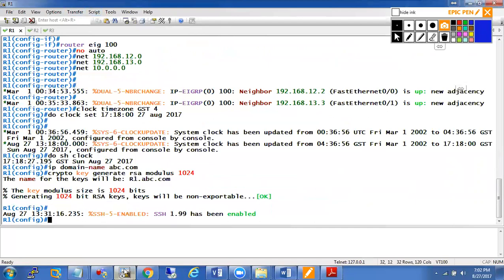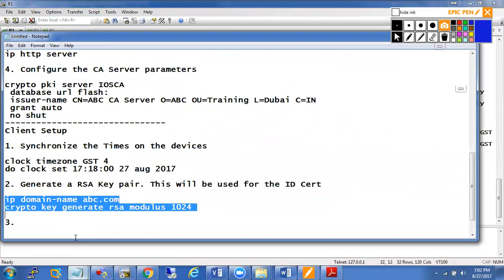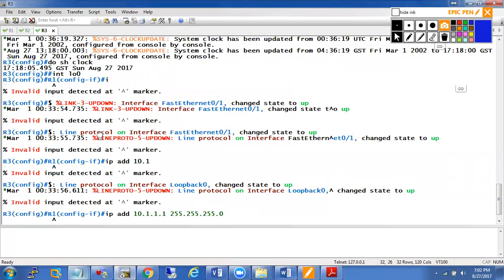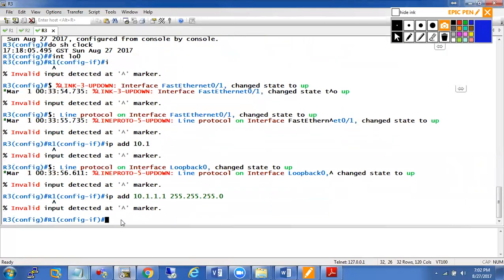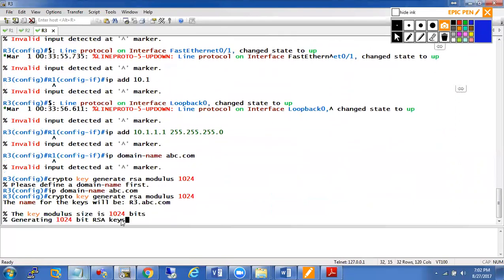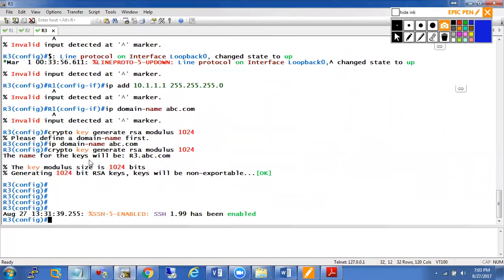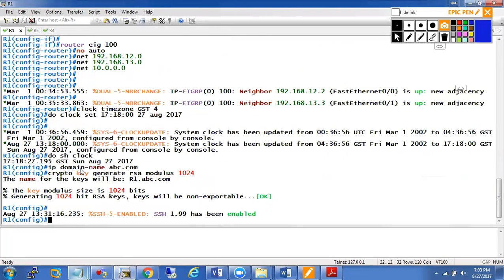This one is generated. Okay. So both R1 and R3 have their public and private key generated. Good so far?